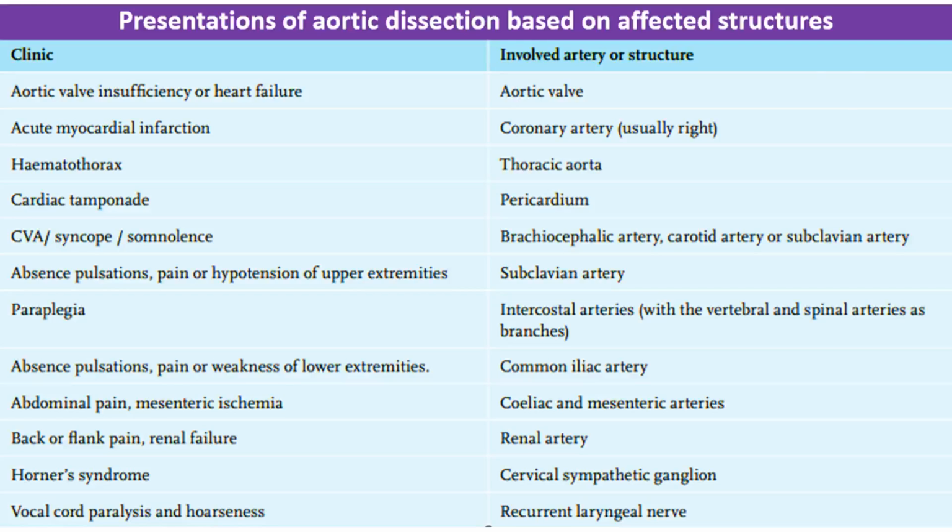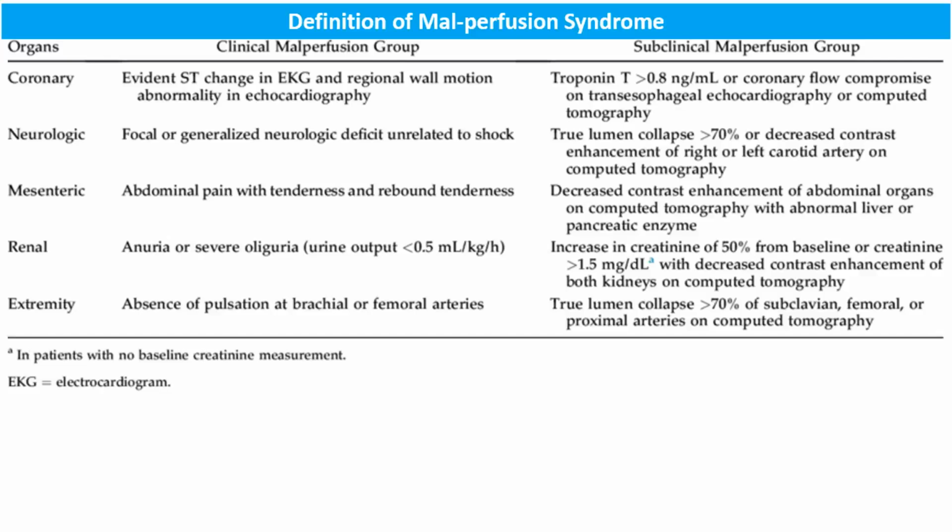The diagnostic criteria for malperfusion syndromes involve a combination of clinical presentation, imaging findings, and laboratory values. Clinically, patients may present with symptoms indicative of organ ischemia, such as neurological deficits, abdominal pain, or limb ischemia, depending on the affected vascular territory.